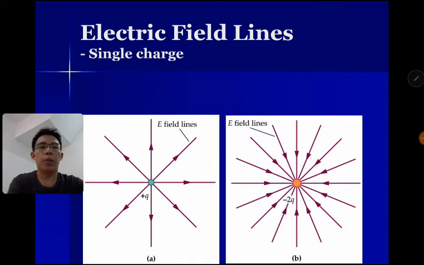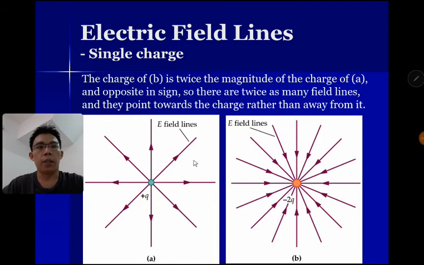This one ends at a negative charge, which is the second rule just now. It ends at the negative charge and starts from infinity, probably from a positive charge somewhere very far away.